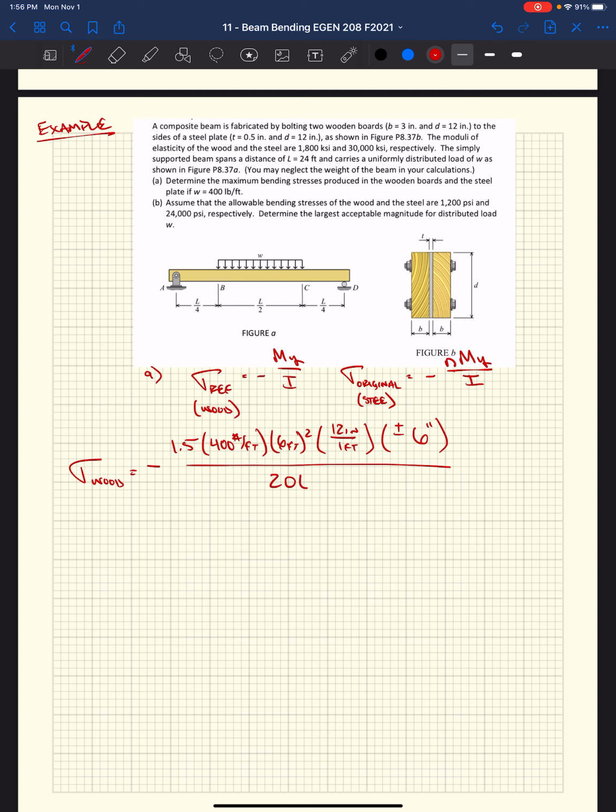Divided by the moment of inertia for our entire cross section, we get maximum stress in the wood of plus or minus 753 psi. Essentially that just means we can be either in compression or tension, right?